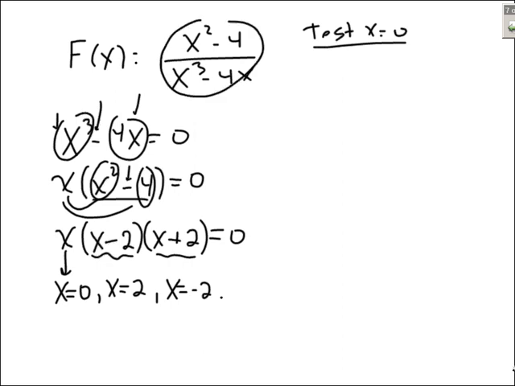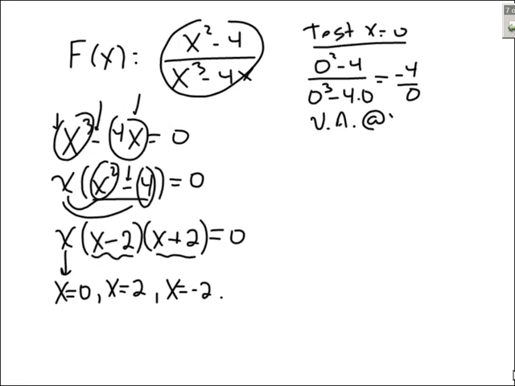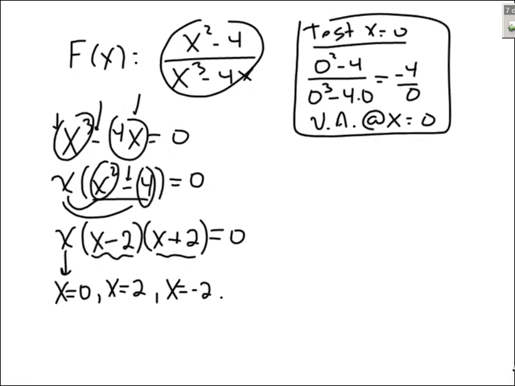Well, when I plug 0 in, I get 0 squared minus 4 on the top. On the bottom, I get 0 cubed minus 4 times 0, which is negative 4 over 0. If an x value makes the bottom 0, but not the top, we're done. We have a vertical asymptote at x equals 0.